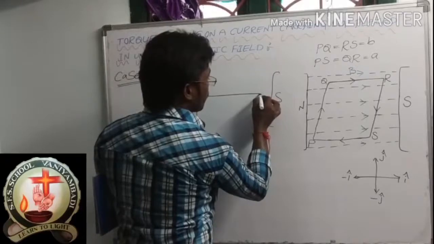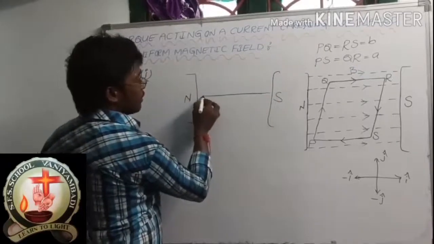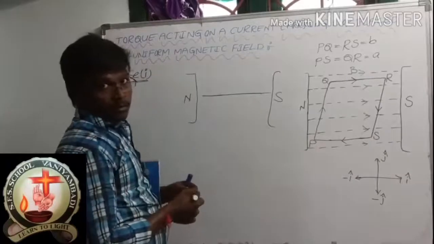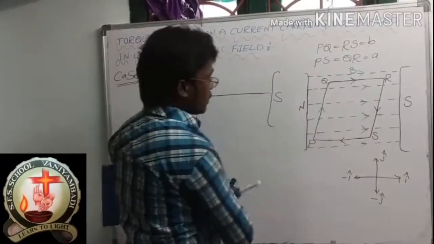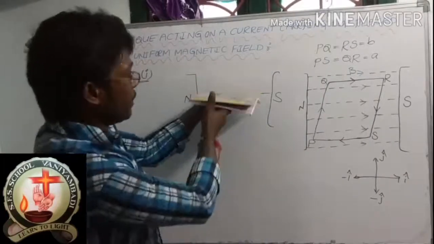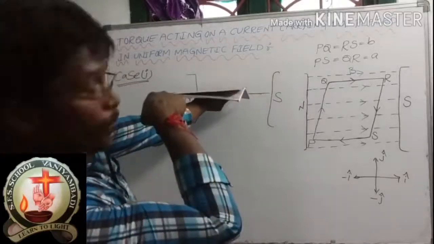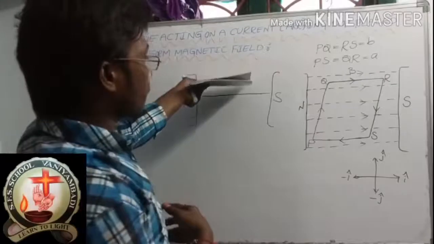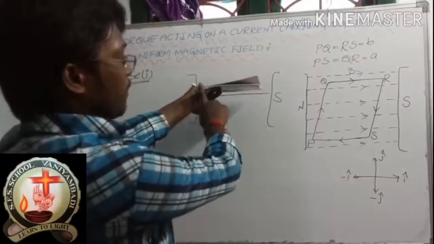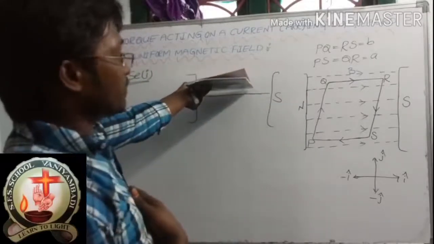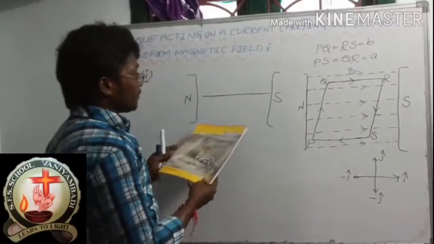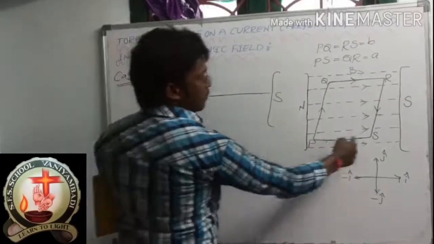This is the south pole. What is visible? PS. Because you are watching from the front view. Whenever you are watching the front view, how is it possible to see the loop? It's not visible. Correct? So, here, this is PQ.